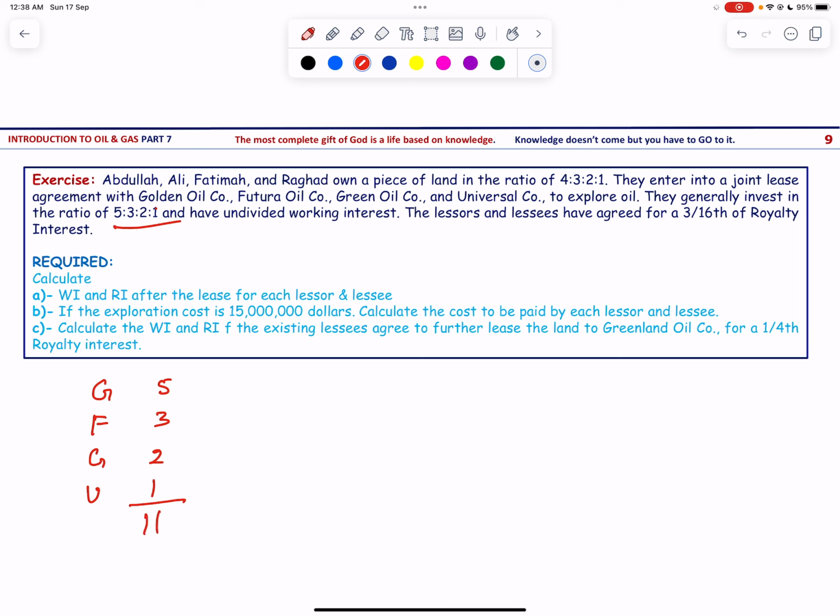So once again, 5 upon 11 times 15 million, that is 6,818,182. For Futura, it will be 3 upon 11 times 15 million, that is 4,090,909.